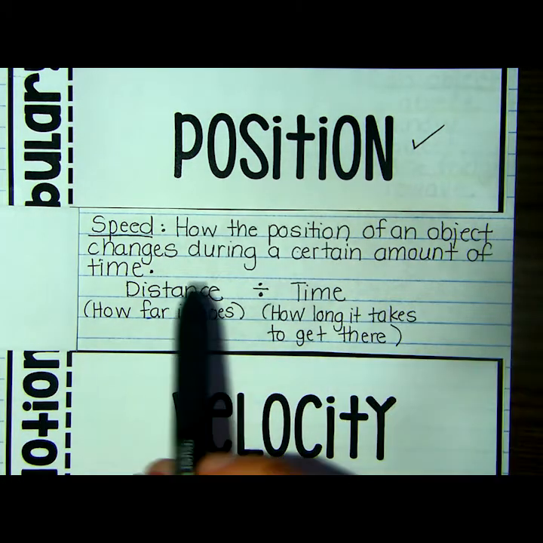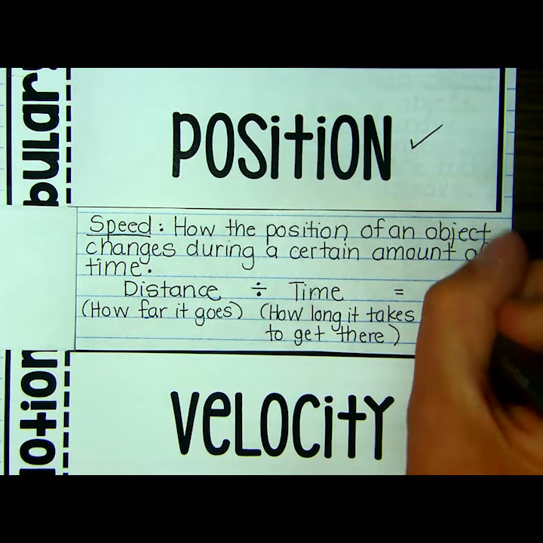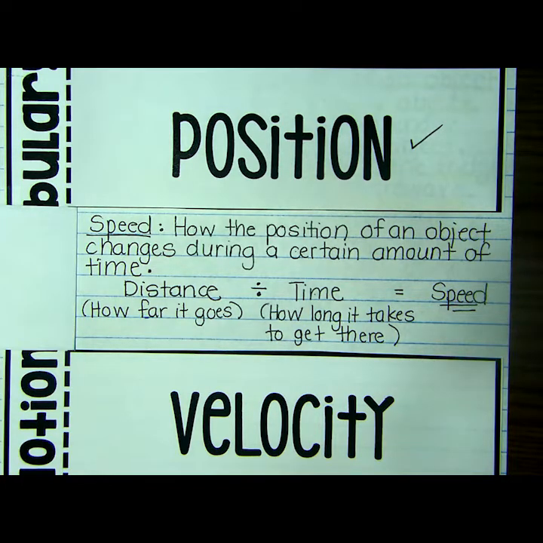When you divide the distance by the time, you are calculating the speed of an object.